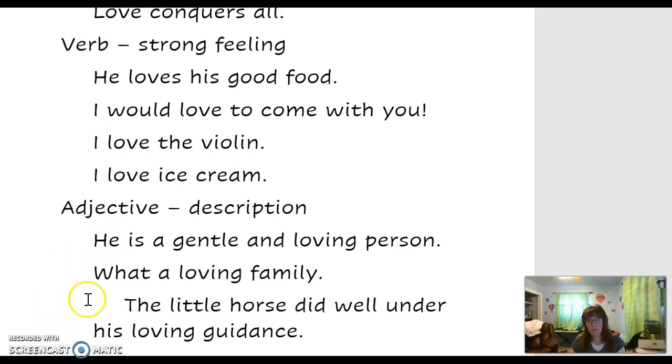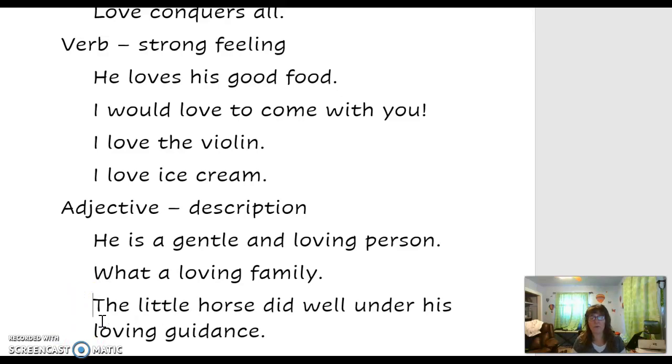The manner in which this little horse was taught or guided, cared for, the way gifts were given or service happened, that can be defined as love.